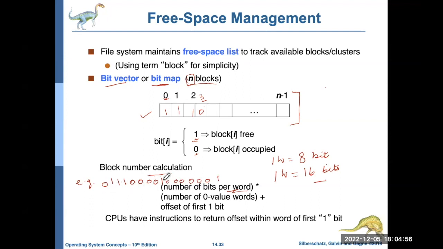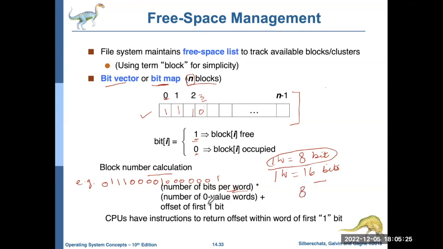In this string, we have 16 bits. Now our job is to find the first block which is free. In that scenario, what we'll do is: number of bits per word, I say 8 bits.